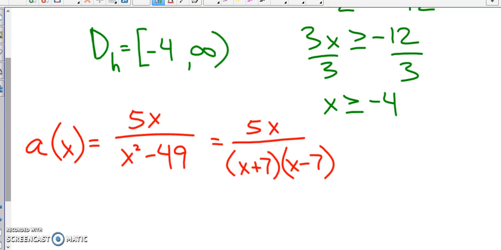So what are the spots I need to avoid? Yeah, positive 7 and negative 7. So x cannot be equal to plus or minus 7, but I need to write that as an interval.